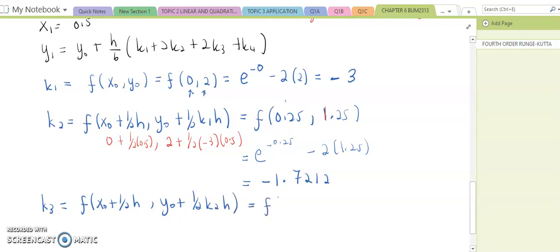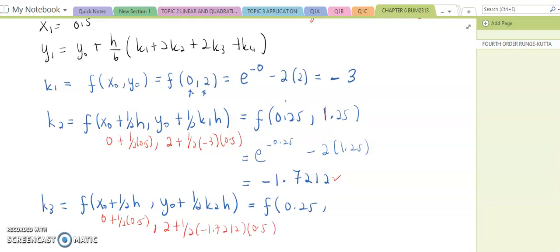So x0 is 0 plus half of h, 0.5, so this one is also 0.25. And for the y value, y0 is 2 plus half k2, where k2 is negative 1.7212, and h is 0.5.